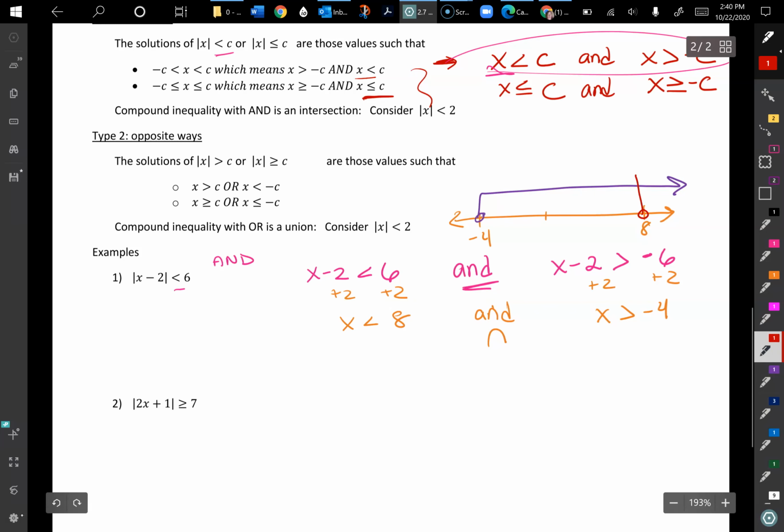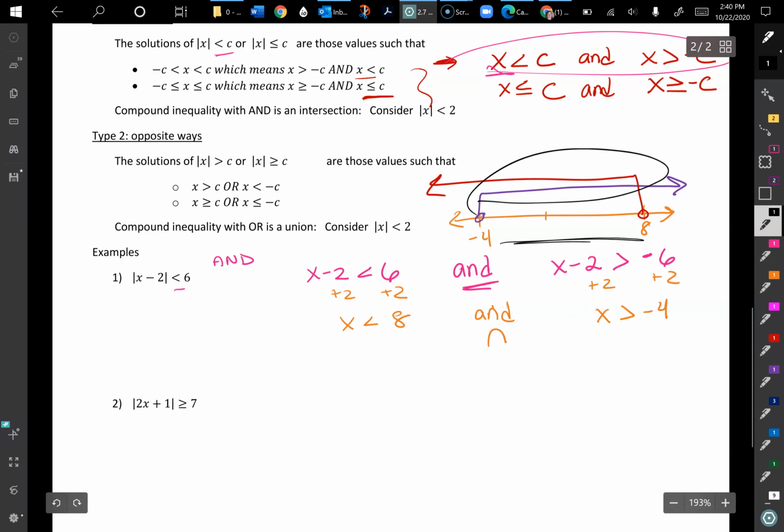So I have an open circle there. And what I want to include is my overlap here. So in my answer, I want things in between that.